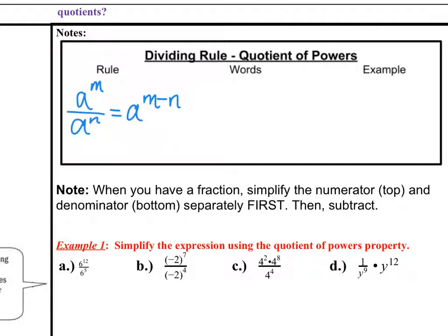So in words, we say we are going to keep the base the same. Just like you saw on the one I showed you on the board, we kept it as 5, but we are going to subtract the exponents.